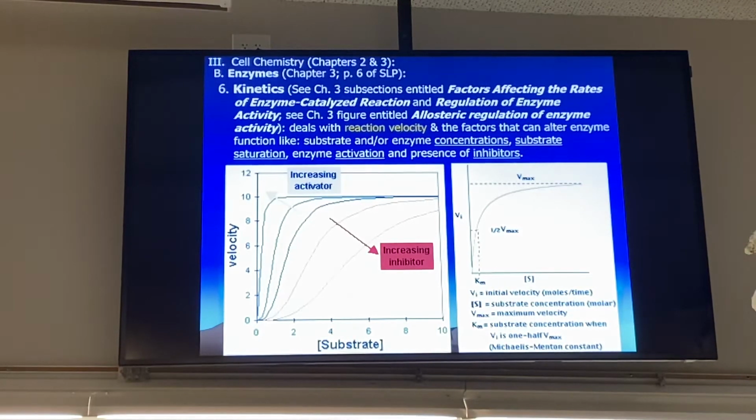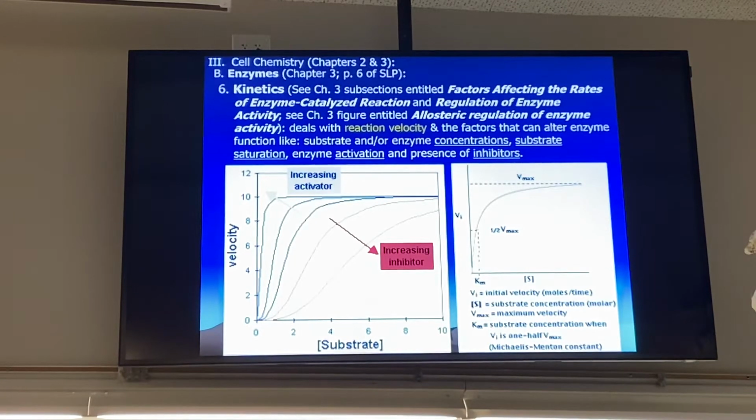Then you have enzyme activation and enzyme inhibition. There are things that will cause the enzyme to speed up even more than normal. That's the blue lines. And this is now steeper. However, you're just getting faster to saturation. Some of those things could be things like coenzymes. Some coenzymes will cause that black line to go blue.